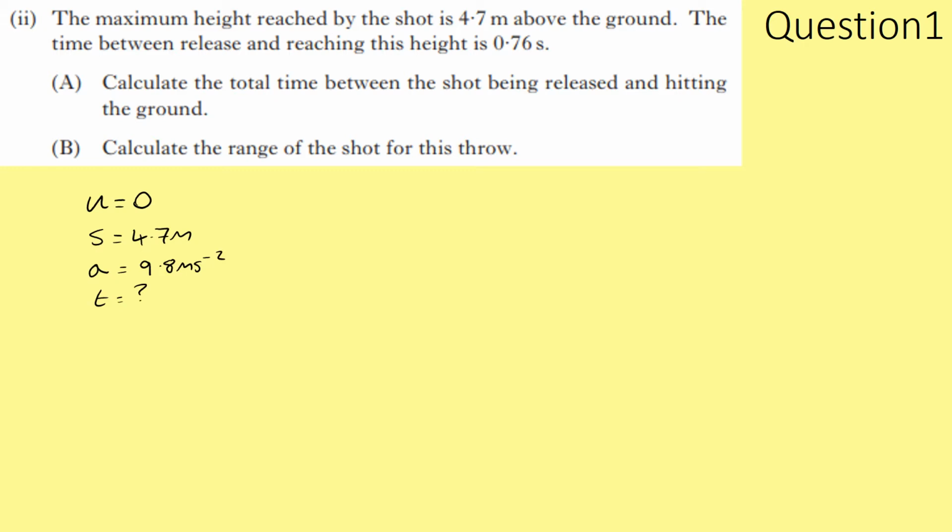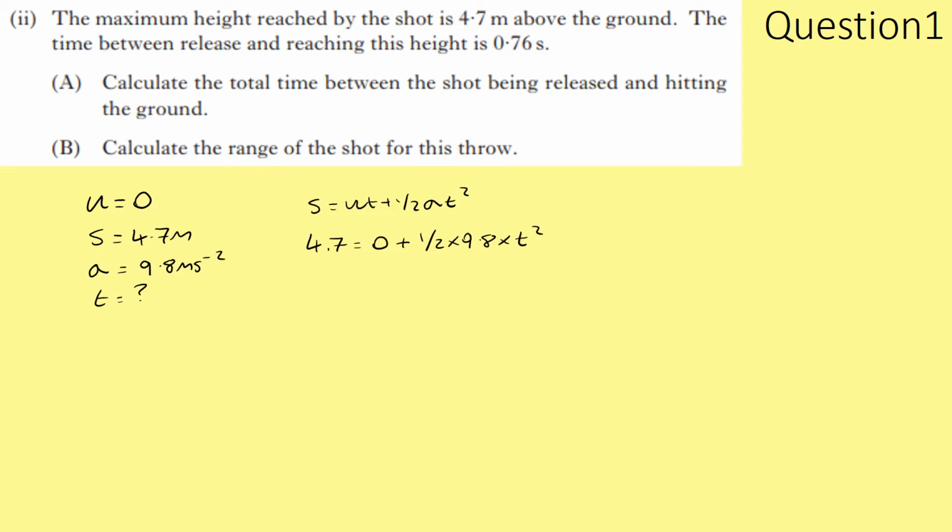This leads us to use the equation s is equal to ut plus 1/2 at squared. 4.7 is equal to 0, because u is equal to 0, plus 1/2 times 9.8 times t squared.